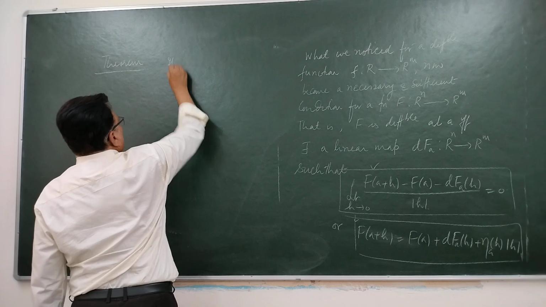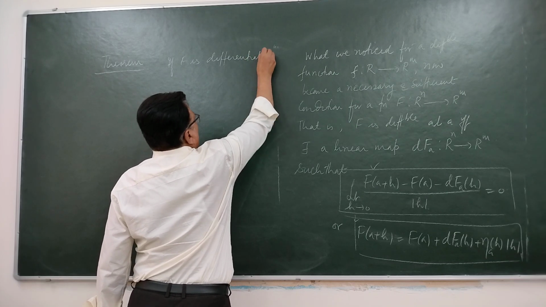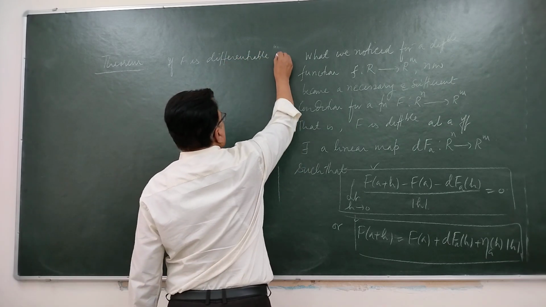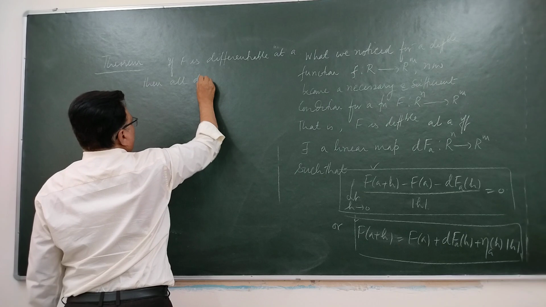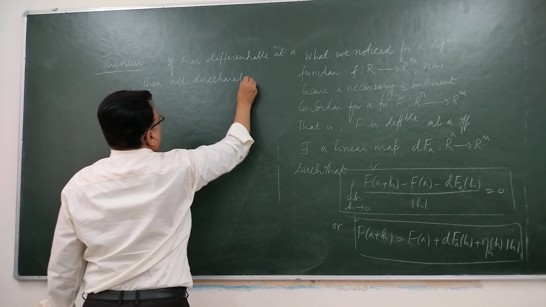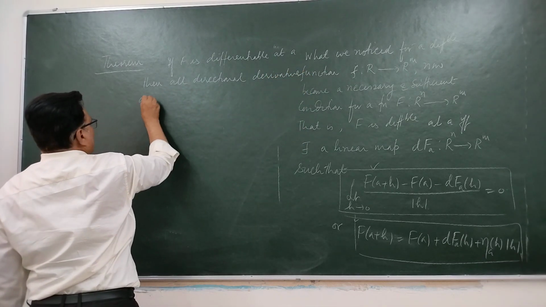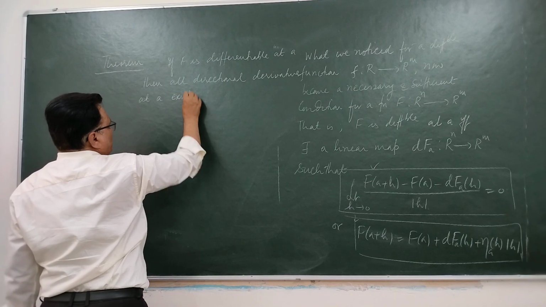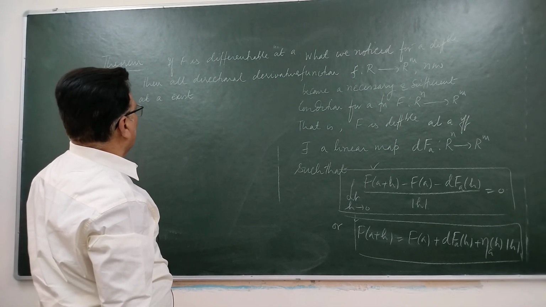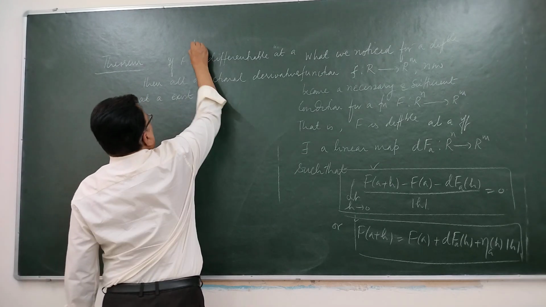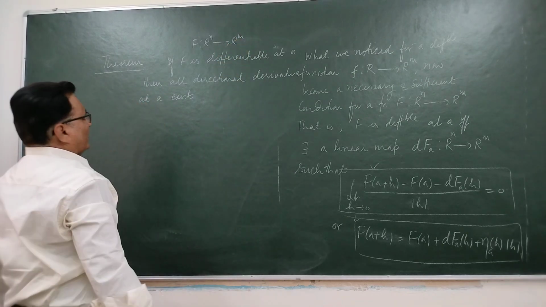If f is differentiable at a, in our sense, then all directional derivatives at a exist. The directional derivative of f is always a function from R into R, or some open set of R into R. Okay.